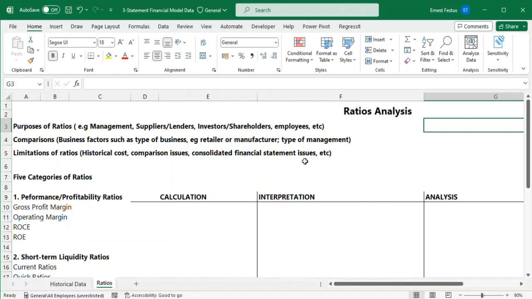Management, for instance, can use the financial statements to determine how to control their costs, because management, as we know, are interested in the profits of the firm.